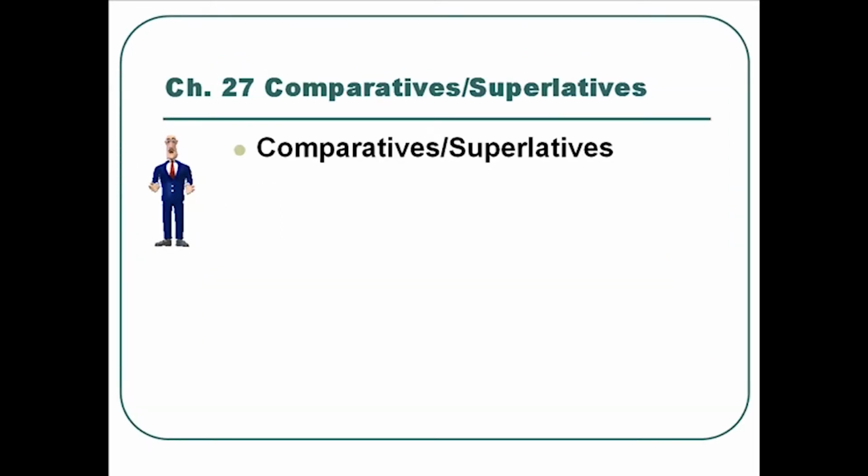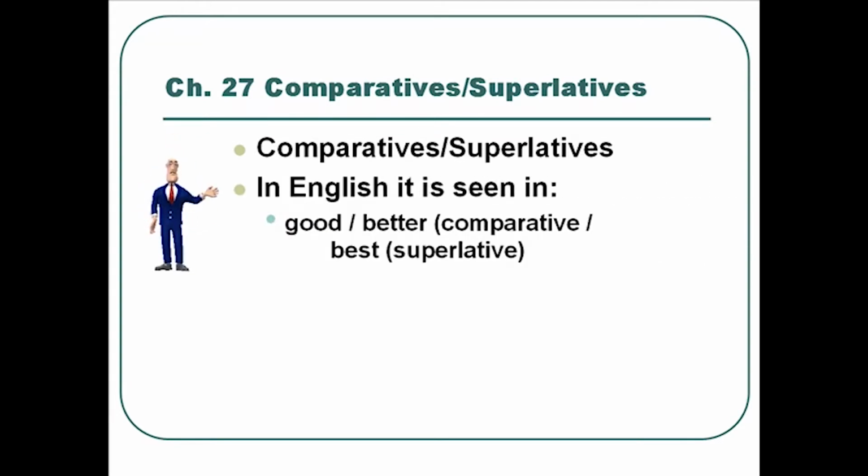Let's begin with looking at comparatives and superlatives. In English, we're very familiar with this comparative and superlative distinction. We've got things like good, better, that's comparative, and best, which would be the superlative.